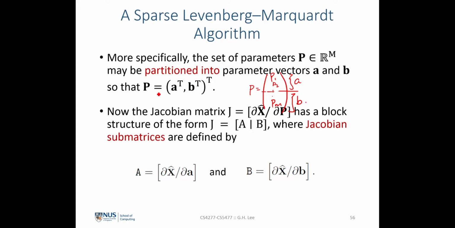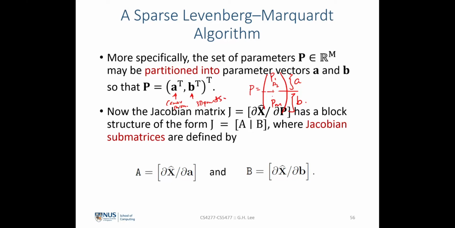And I'm going to rewrite this P as a transpose, b transpose, and altogether transpose. So in the context of our bundle adjustment problem, a could represent all our camera parameters, and b here could represent all the parameters from the 3D points. So we can partition them into two sets of parameters that we wish to optimize over.